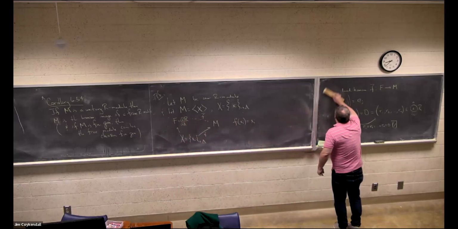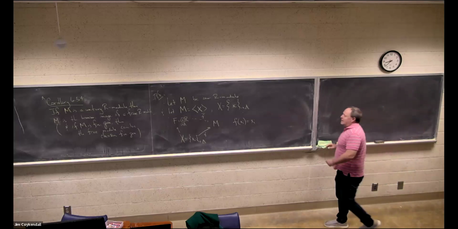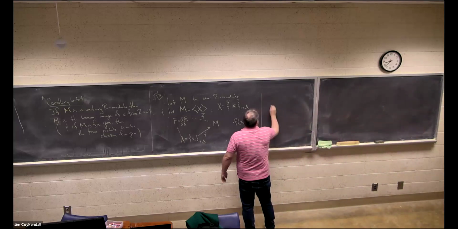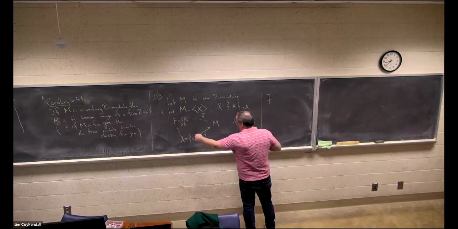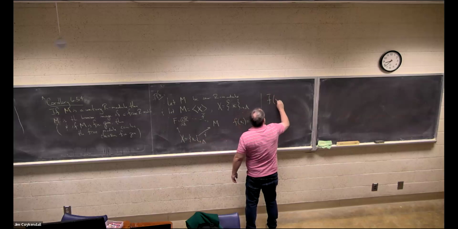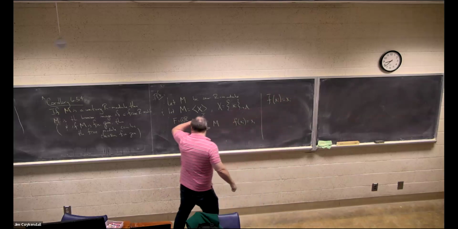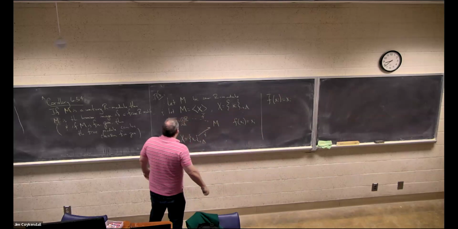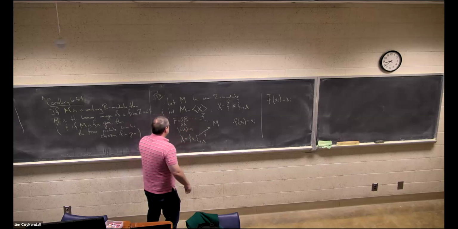So notice that F bar of xi is xi. Well, actually, here's what the iota is. I will put those iotas in, xj.